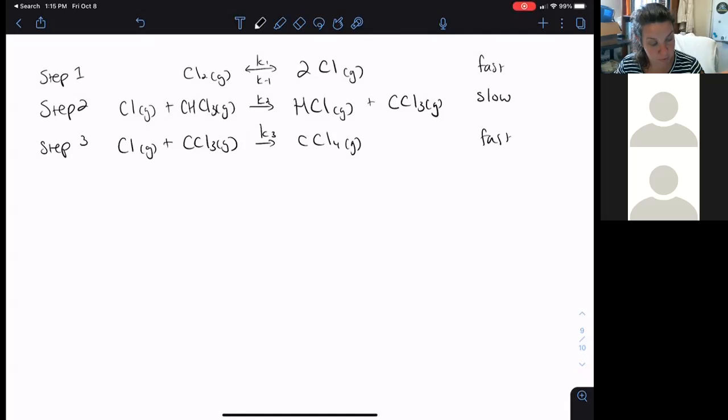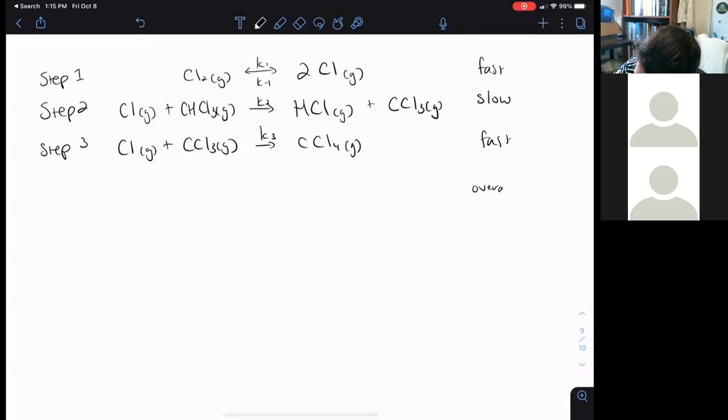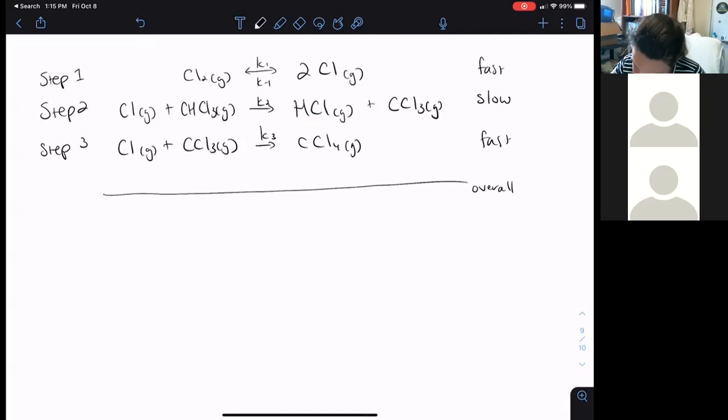And then we want our overall reaction. And then we'll go ahead and start going through and solving for some things. So let's just look at our overall real quick. I'm going to go ahead and highlight anything that gets canceled out.